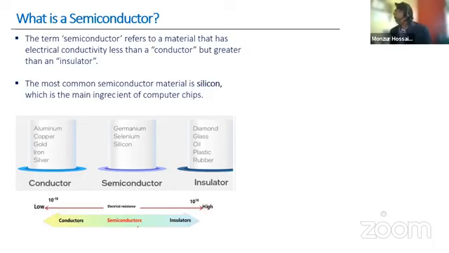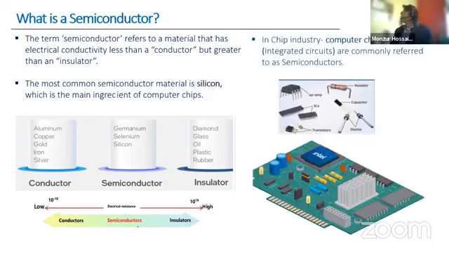In the chip industry, when we say semiconductor, we do not mean this material. We do not mean germanium, selenium, or silicon. We mean chips or ICs. So throughout this presentation, whenever we say semiconductor from now on, we mean an IC or a chip. As you can see in the picture at the bottom, all these black boxes with pins are chips.